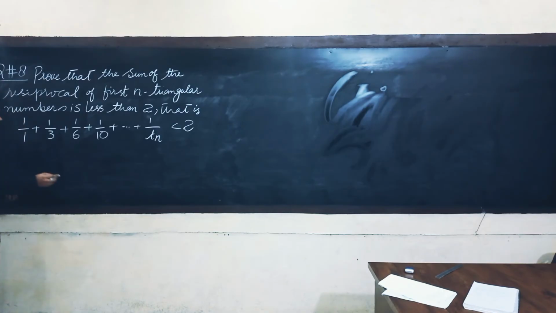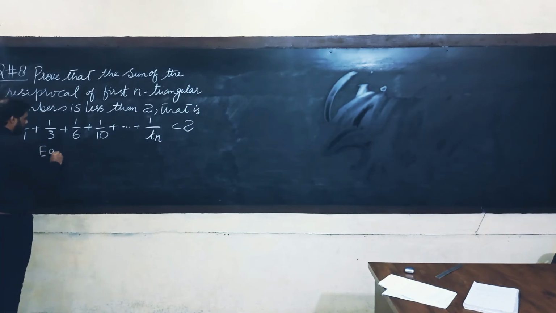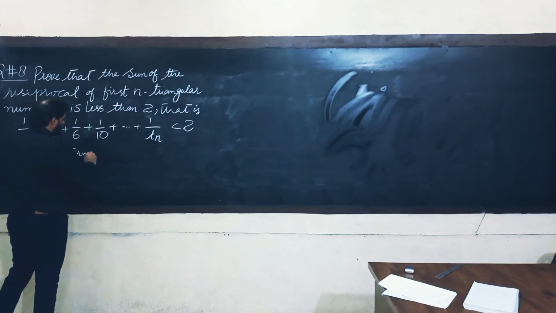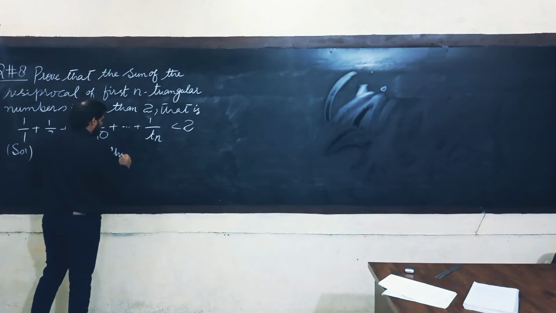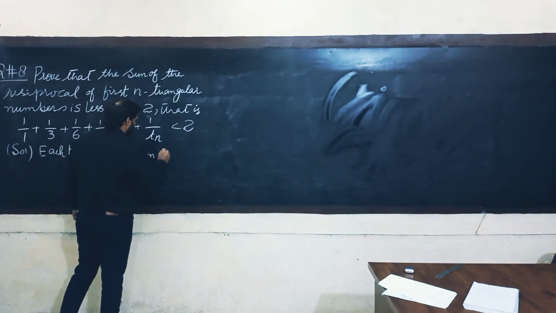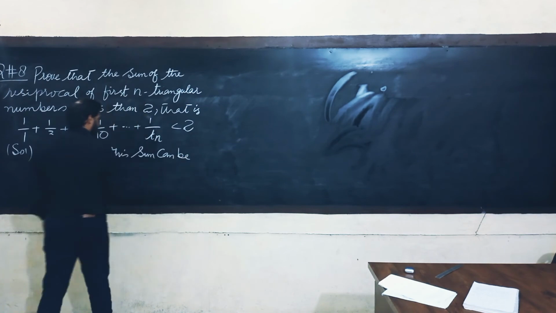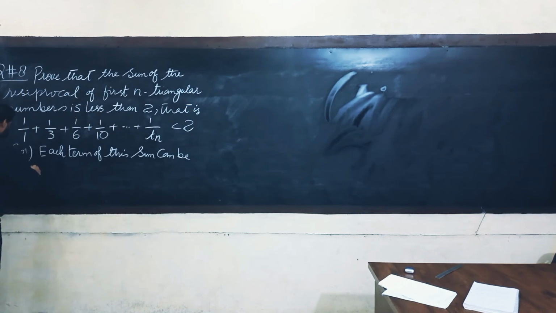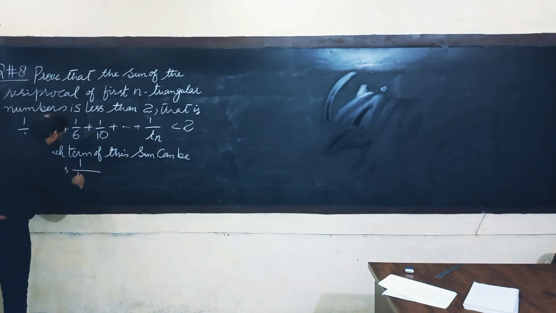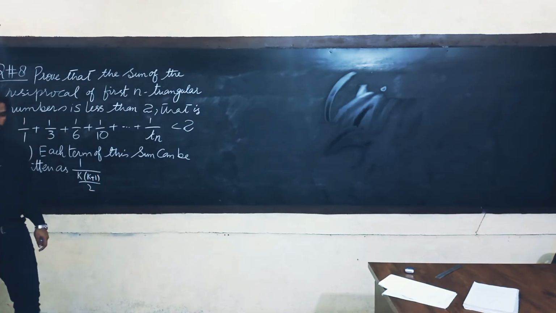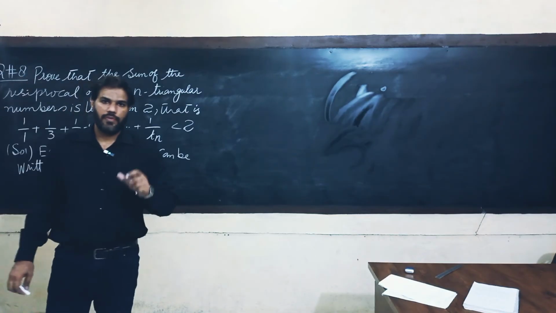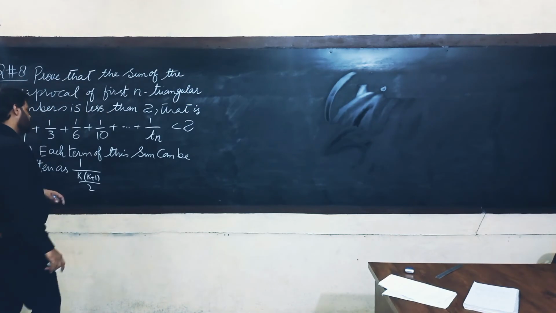We will use a very simple concept here. Each term of this sum can be written as 1 over k(k+1)/2 for any k greater than or equal to 1, because you know every triangular number is always of this form.